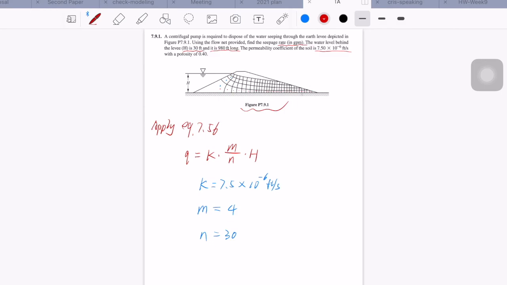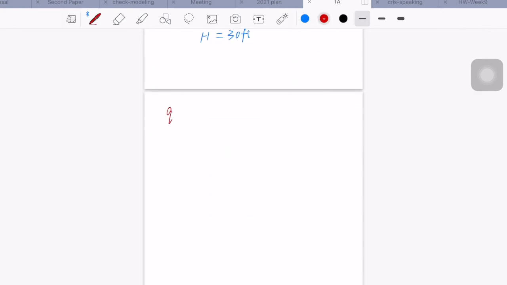So N is 30. And we also know the H is 30 feet. So now we can determine that the Q is 3 times 10 to the power of negative 5 CFS per feet.